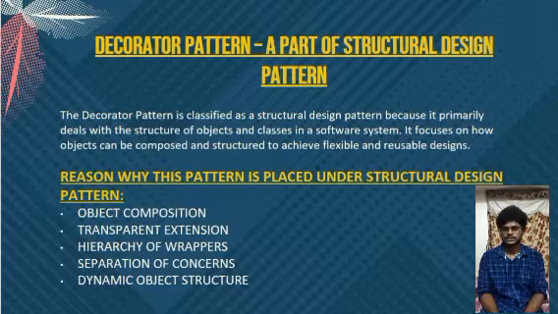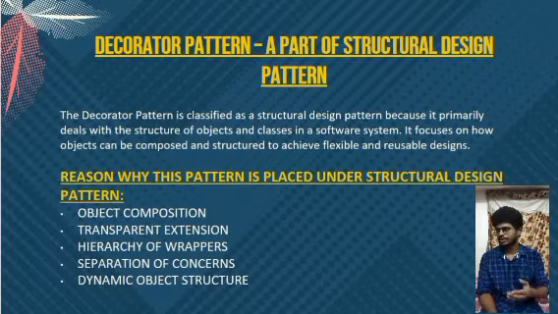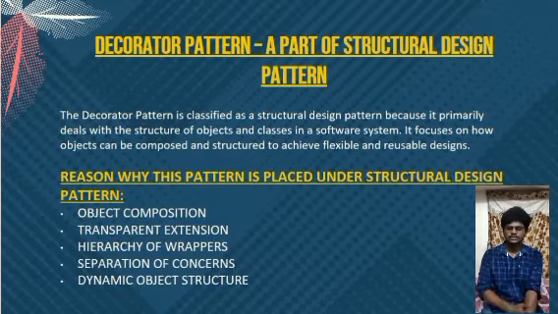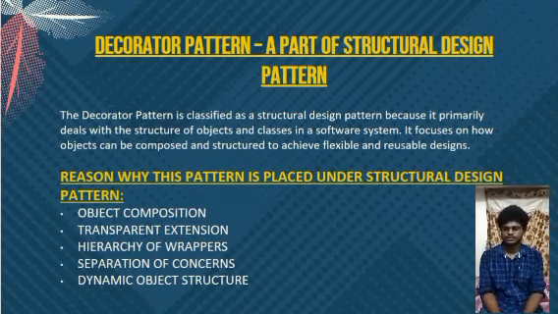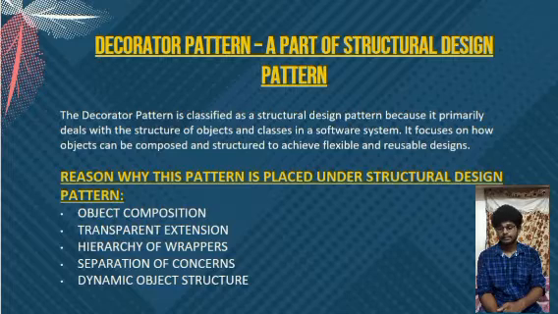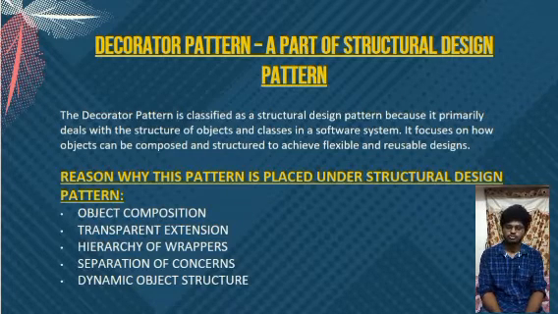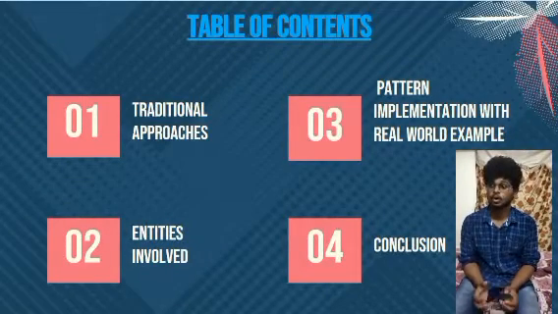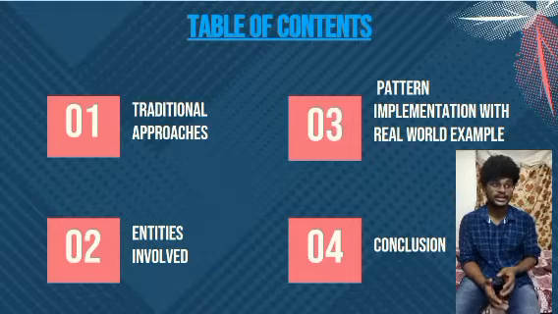Dynamic object structure enables dynamic modification of object behavior and structure at runtime. As it focuses on this, the decorator pattern aligns with the goals and characteristics of structural patterns, so it becomes a part of it.